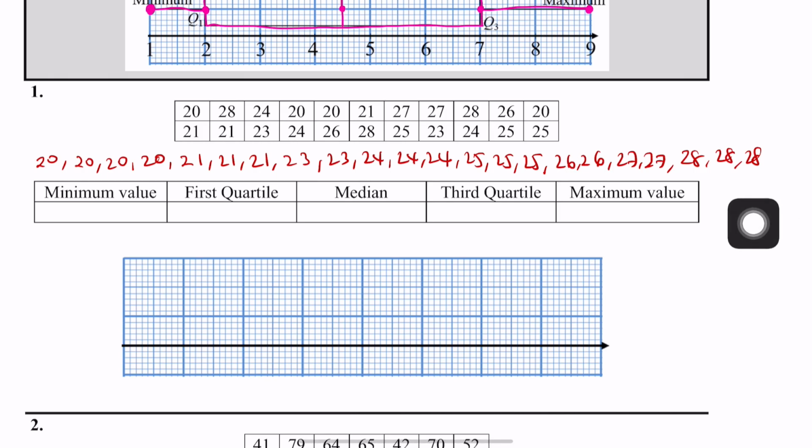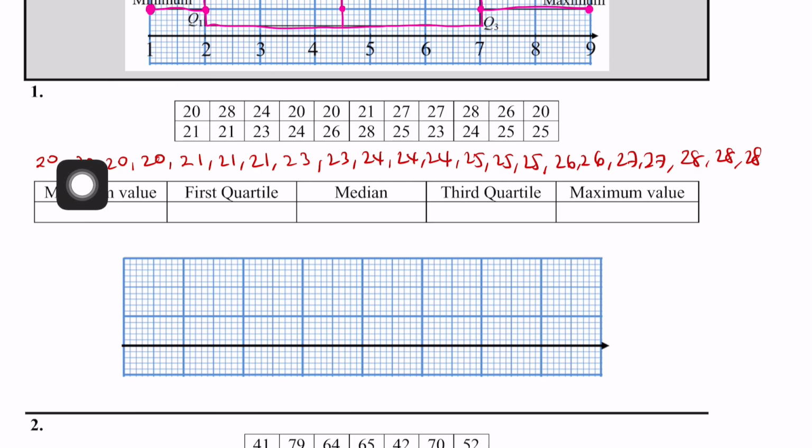Okay, so let's calculate how many. 2, 4, 6, 8, 10, 22. So 22. So we need to divide, find the median.